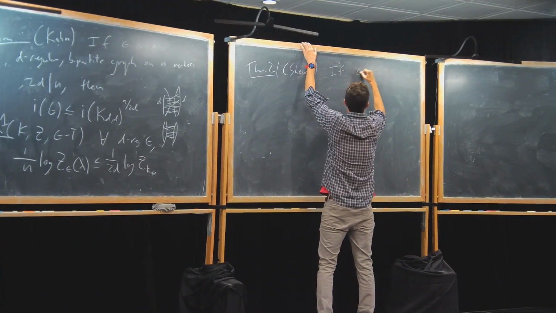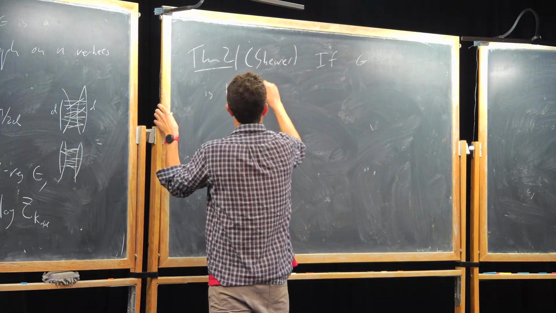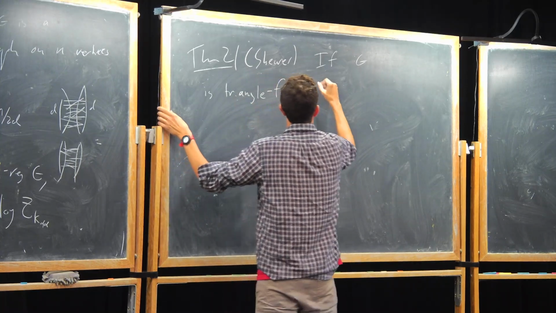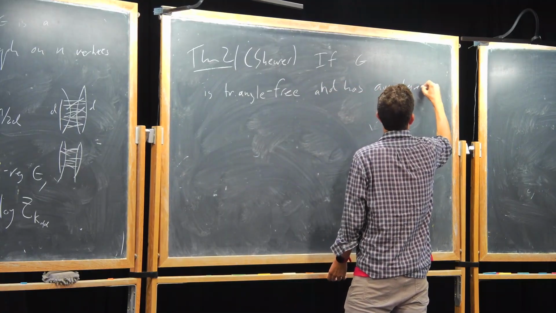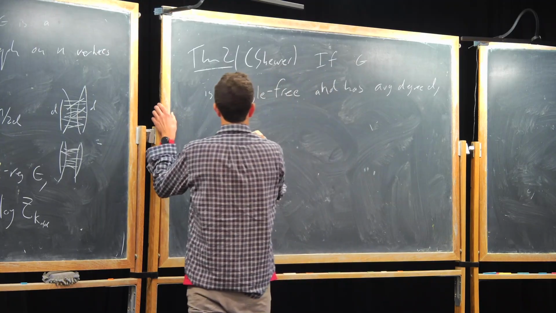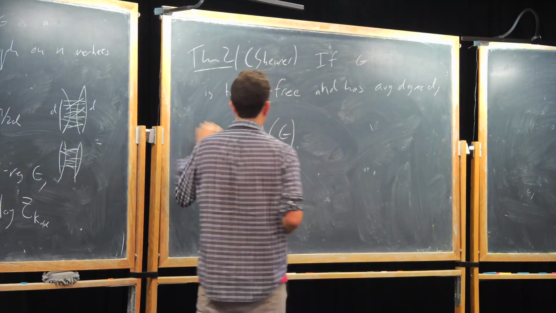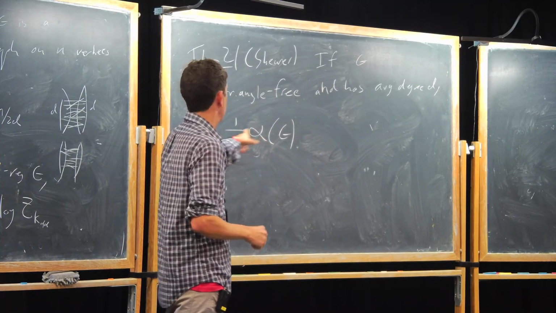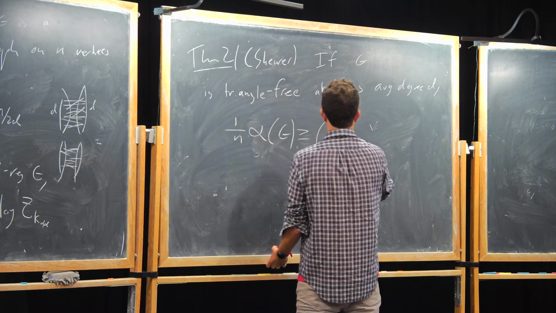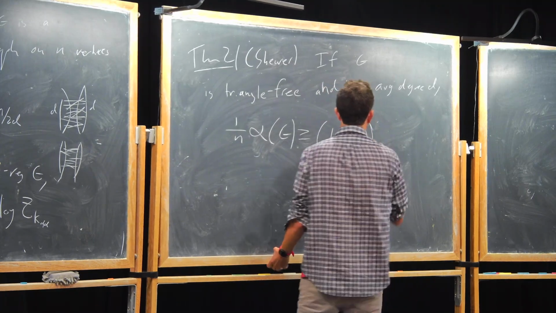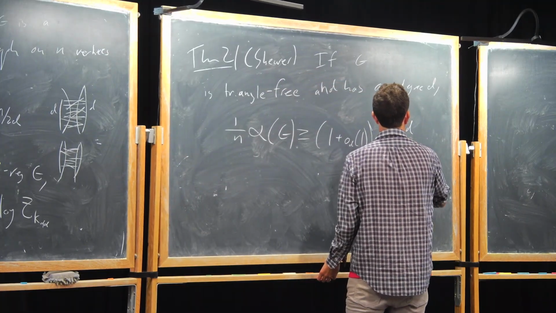If G is triangle free and has average degree D, then 1 over n times the independence number of G, so this is the size of the largest independent set, and I'm just normalizing by n to make it the density, is at least (1 plus something that vanishes as D gets large) times log D over D.